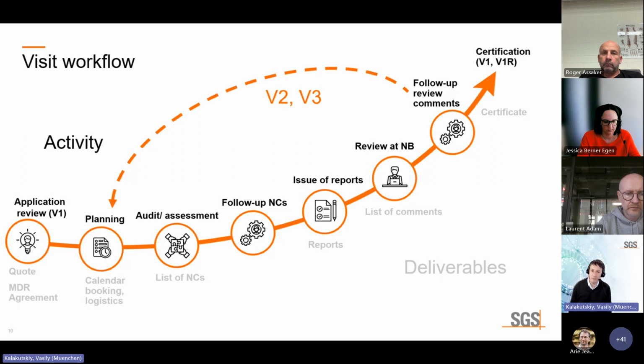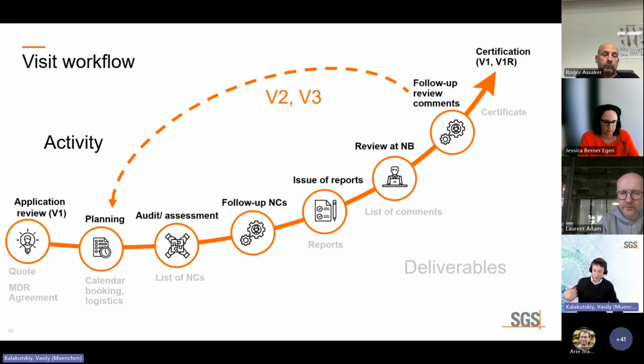The notified body may come back to the auditors or to the customer directly and ask certain questions to clarify the details. And if no questions or all questions are answered in a good way, the certification is recommended and the certificates are issued and sent to the customer. So this is the closest zoom into the minimum element, the visit.